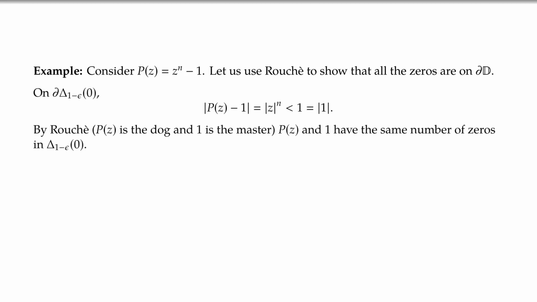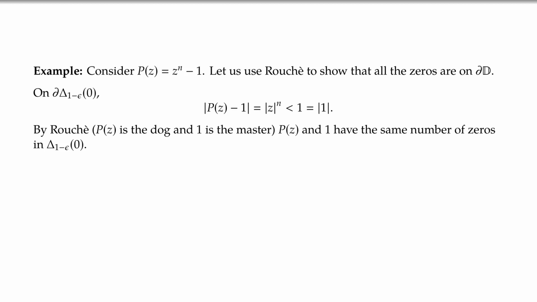So first, let epsilon be some small positive number, and look at a circle of radius 1 minus epsilon around 0. Then on this circle, when modulus of z is slightly less than 1, if I take p minus 1, where p is going to be the dog and 1 is going to be the master, then p minus 1 is just z to the n.